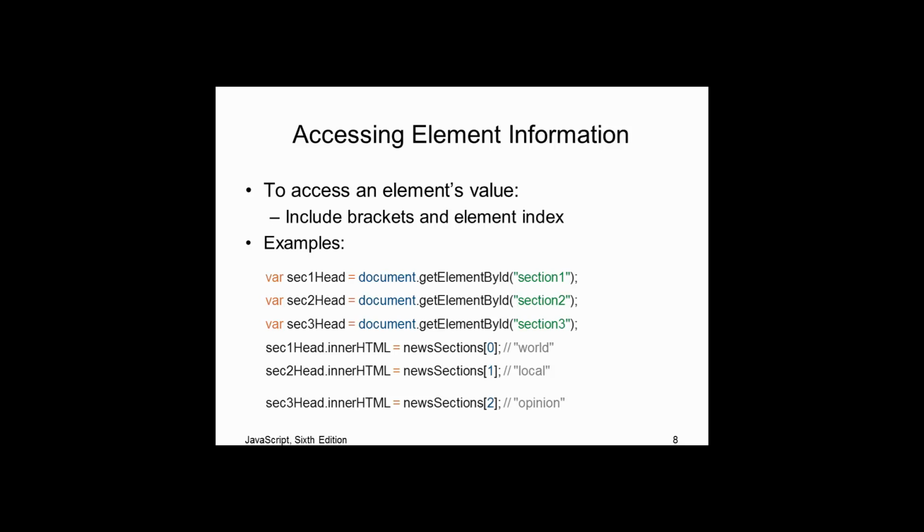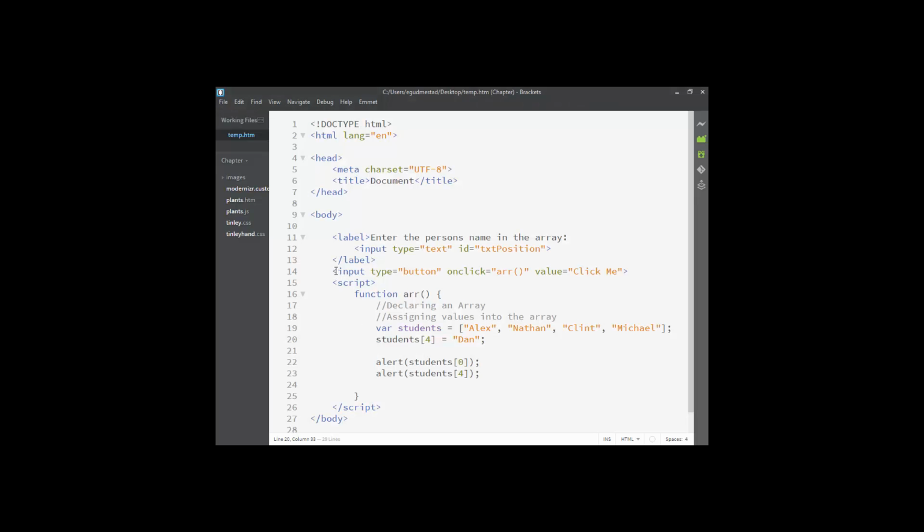What if you wanted to change the h1 tag to say something? That's where you use innerHTML, versus right now we used the value of a text box. So let's do that real quick.